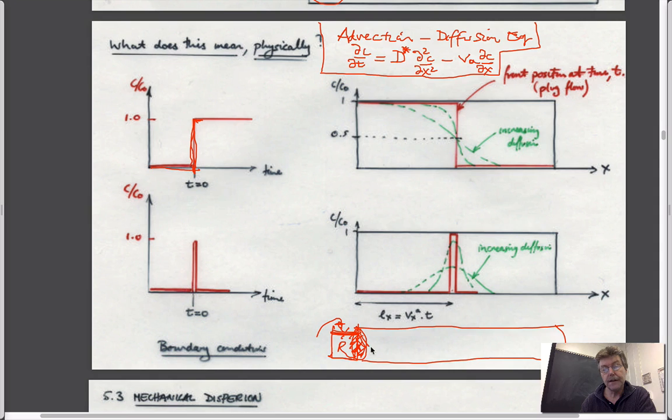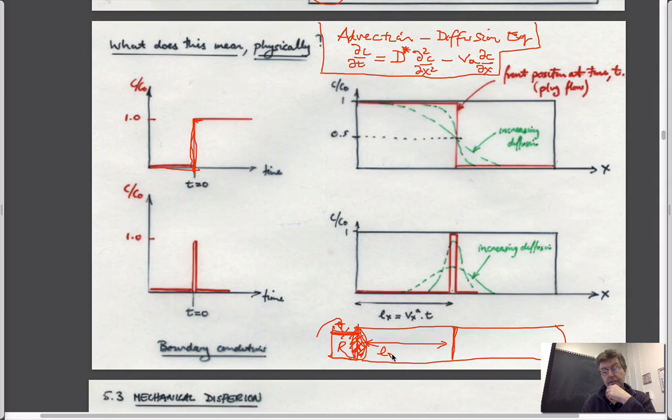So what would we expect to happen if we look along the length of this at a particular snapshot in time? If we don't think there's any diffusion occurring, then I suppose we'd expect that after some amount of time, the plume would have gone some distance, maybe to here, just as we've drawn in this lower plot.